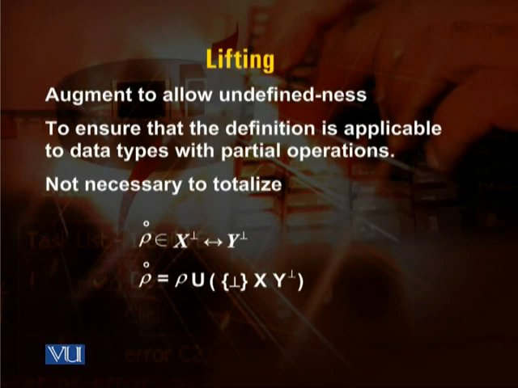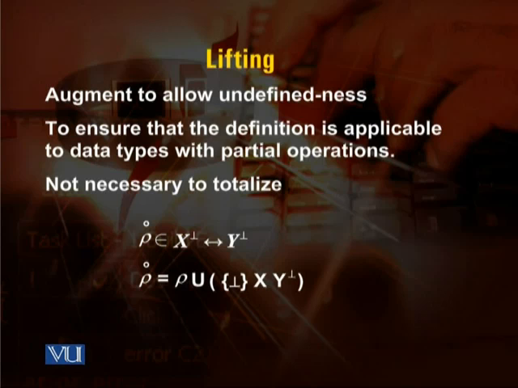So if we had the relation row, the lifting of row, and row was a partial operation, then we have this row dot is a member of X inverted T mapped onto Y inverted T, and this is a one-to-one mapping.